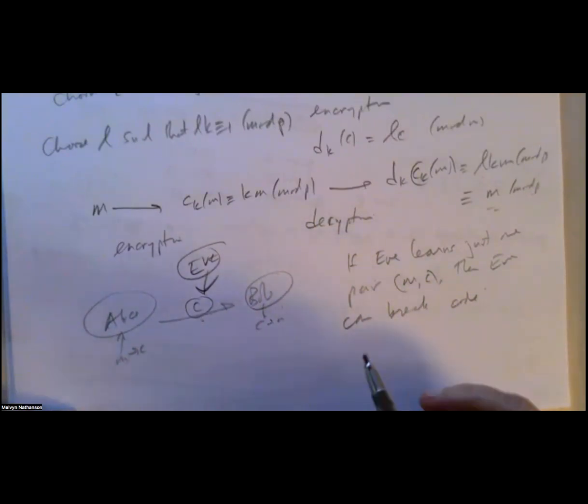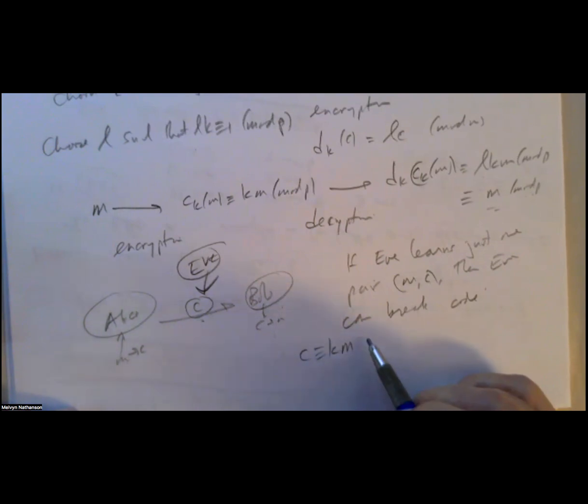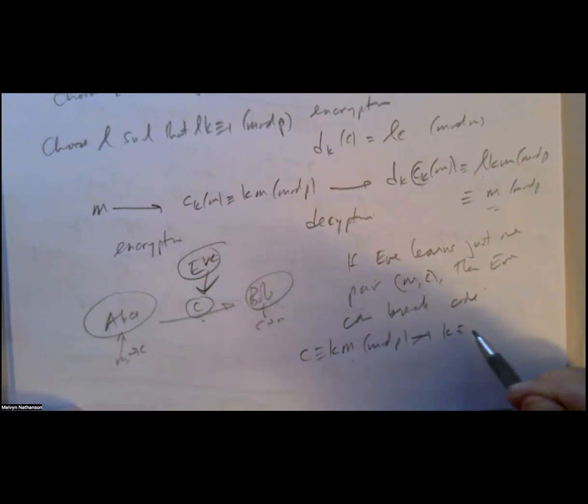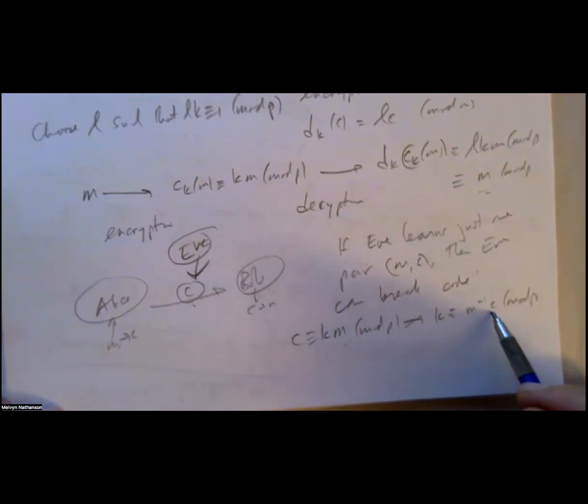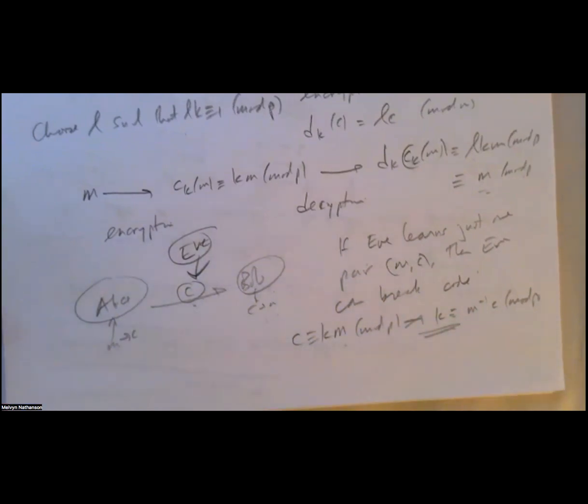Because Eve knows that there exists some K such that C is congruent to KM mod P. So she knows C, she knows M. If you know M, you can find the inverse of M mod P by the Euclidean algorithm. So K is M inverse C mod P. So knowing one message and how it's encrypted enables Eve to break the code. So that is one disadvantage of this code.